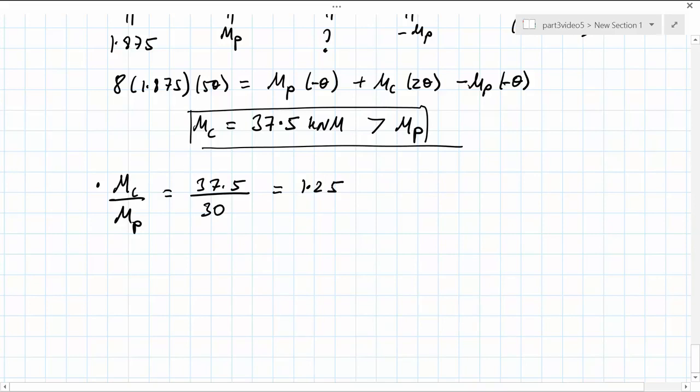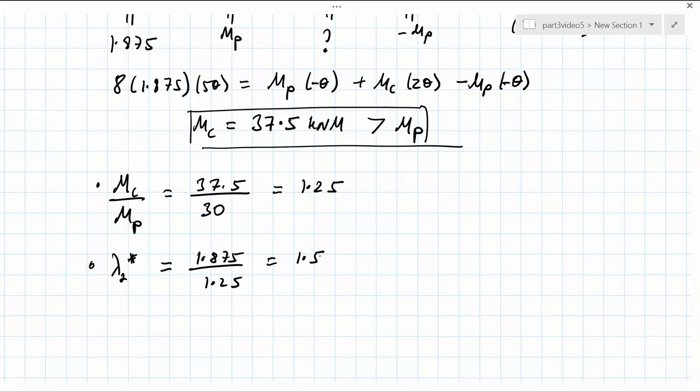We can then produce a new load factor. We'll call this lambda 2 star to indicate that it is new, but it's still based on lambda 2. And we get 1.875 divided by 1.25, and that gives us a value of 1.5.